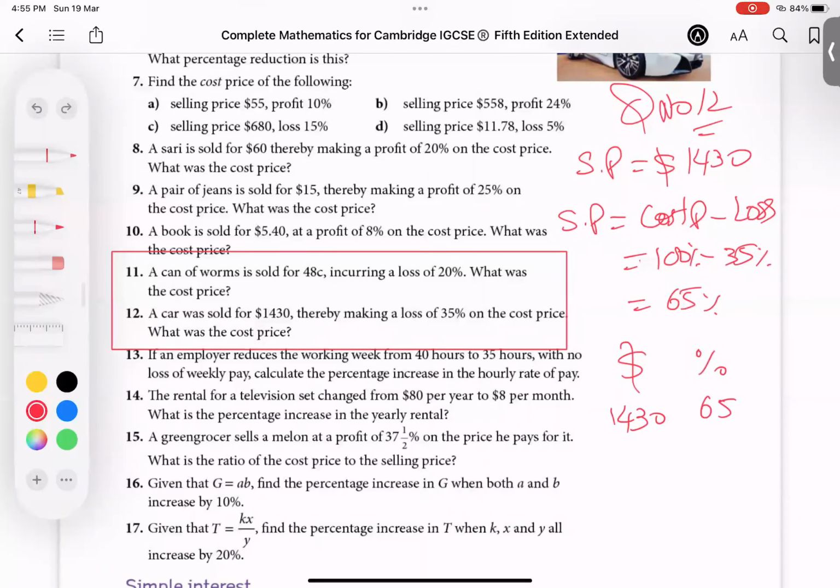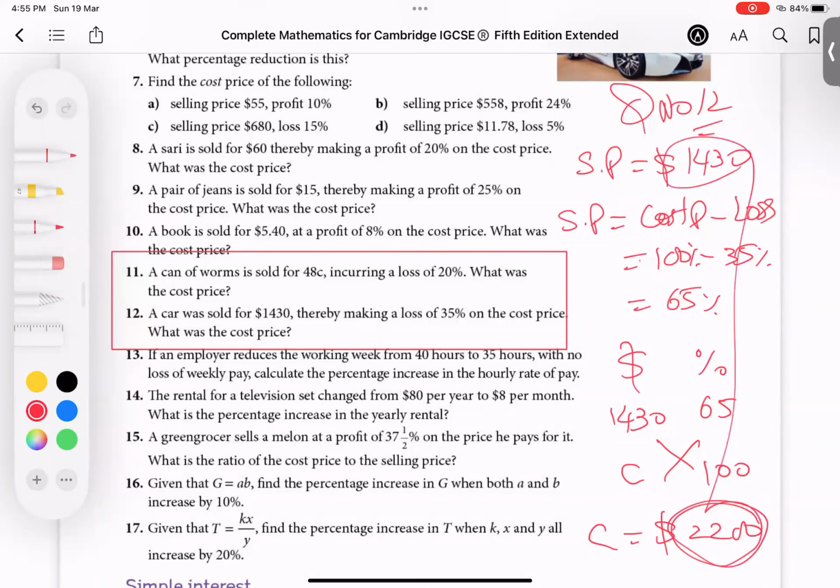So when you need the cost price, students, I will write here C for cost and 100. Very easy approach now. 1430 times 100 divided by 65. So the answer is $2200. It means this was the seller's cost price, but unfortunately he has to sell at 1430.